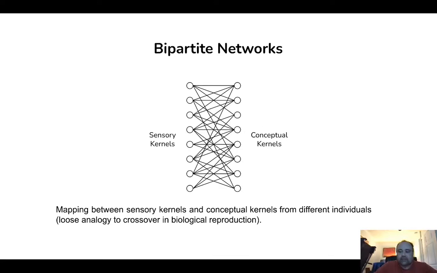We usually use a similarity criterion for determining which ones are connected preferentially. And in the bipartite network, this is mapping between sensory kernels and conceptual kernels from different individuals. So this is a loose analogy to crossover rather than reproductive fitness in biological reproduction.